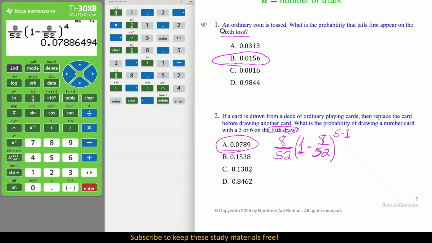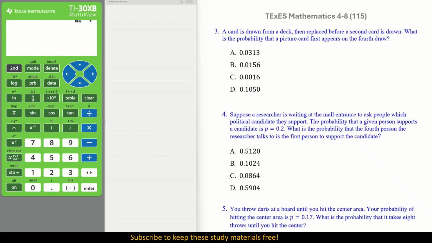All right, let's look at number 3. A card is drawn from a deck, then replaced before a second card is drawn. What is the probability that a picture card first appears on the fourth draw?